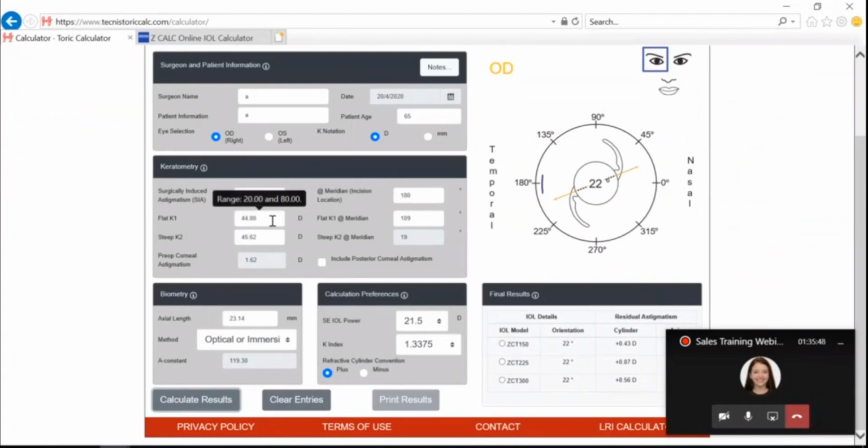We put in the K readings. Flat K reading is the smaller value. Steep K reading is the higher value. And remember to put in the axis.